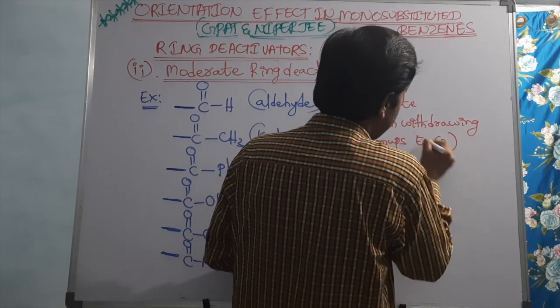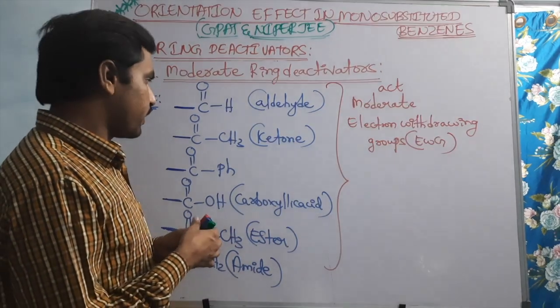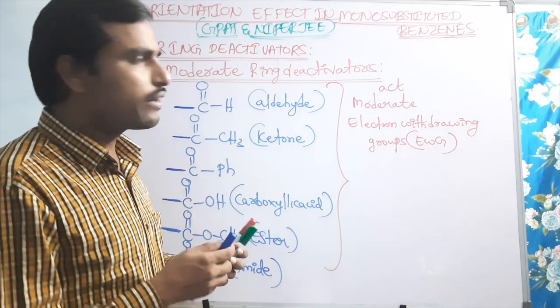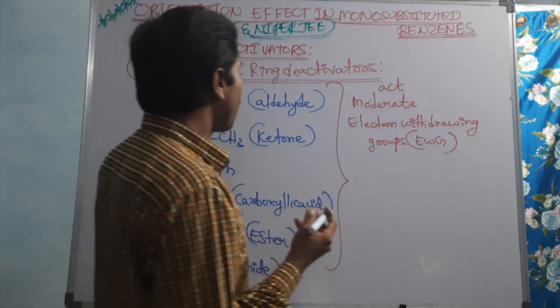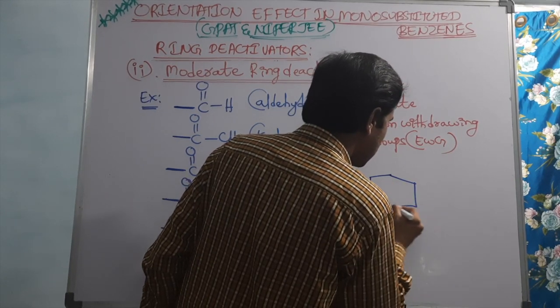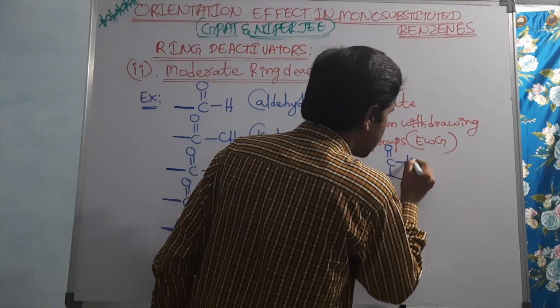EWG. That's the reason these compounds can act as moderate ring deactivators. If these groups are present on the benzene ring, then definitely these compounds can act as ring deactivators. For example, in benzaldehyde, the C double bond O H is present.